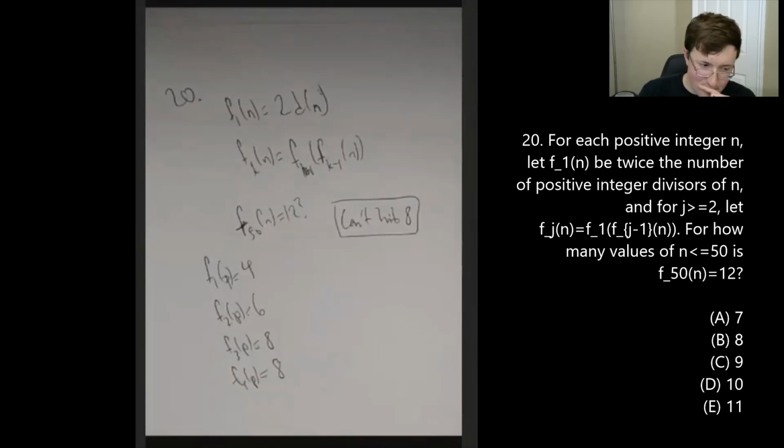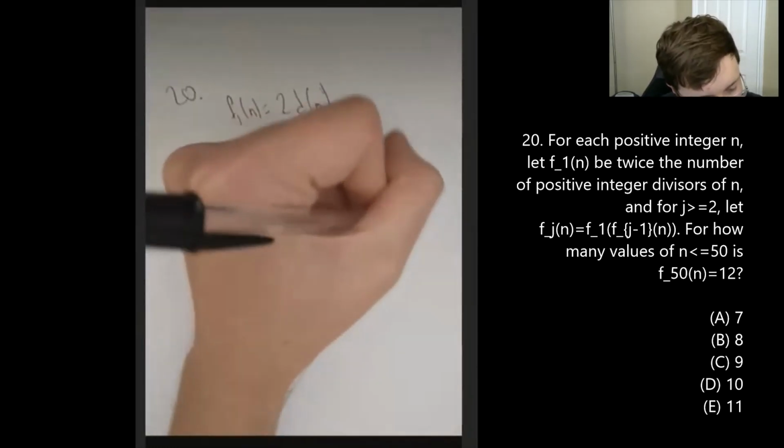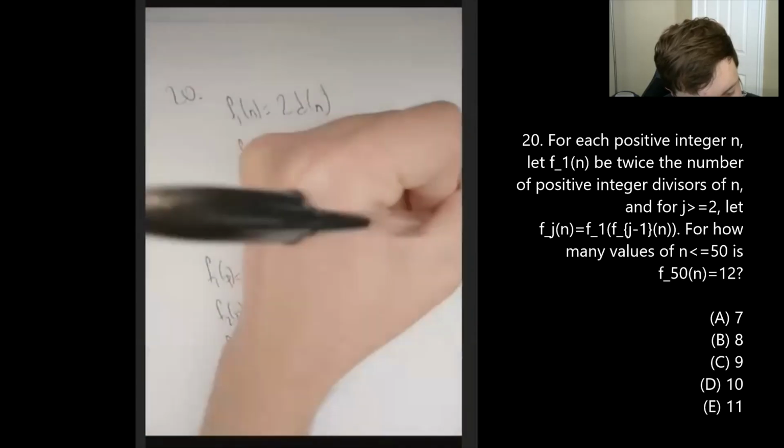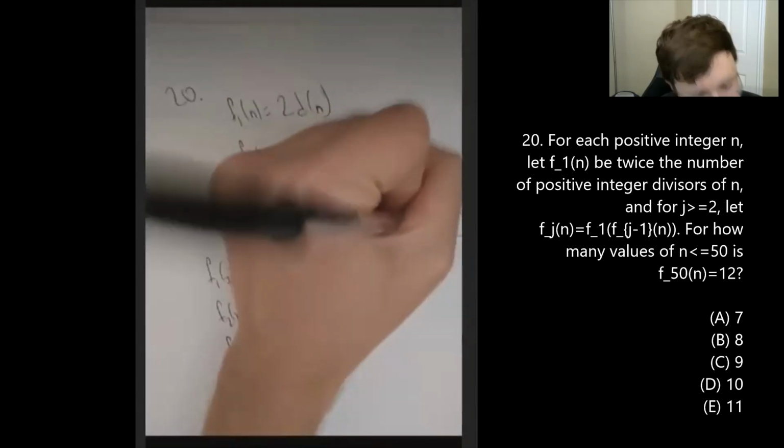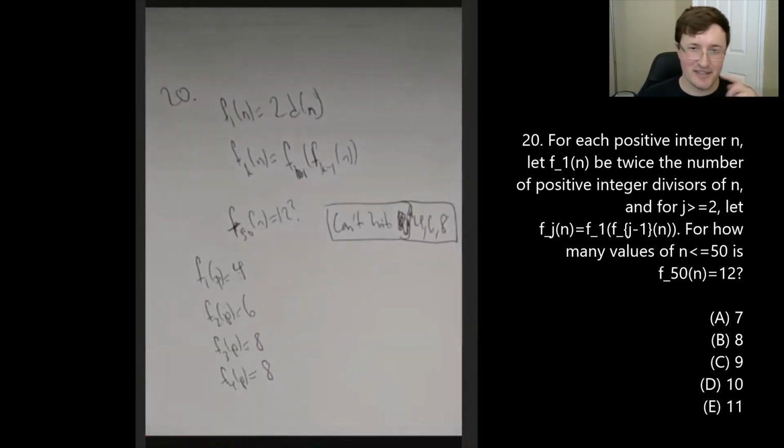That already knocks off a lot of values. I can't hit 4, 6, or 8 because then I'm in trouble. Because eventually, well, I could hit 4 or 6 at the very end.